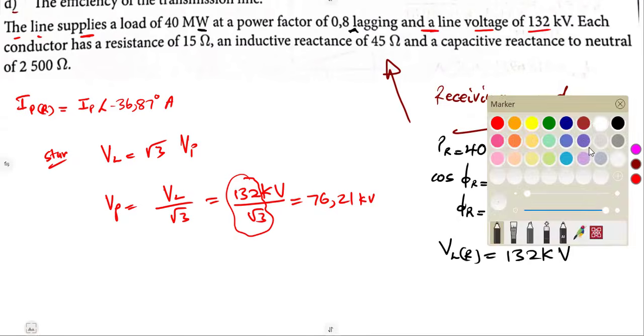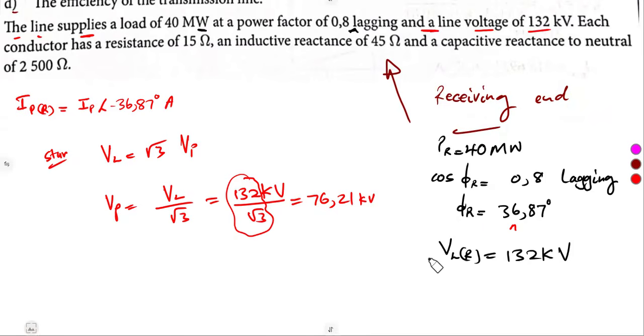So we have got the phase value that is taken from the line voltage, which we are going to consider. All right, let us just write it like this: 76.21 kilovolts. We are going to consider the angle for that one. Remember, we are given these values on the receiving end.